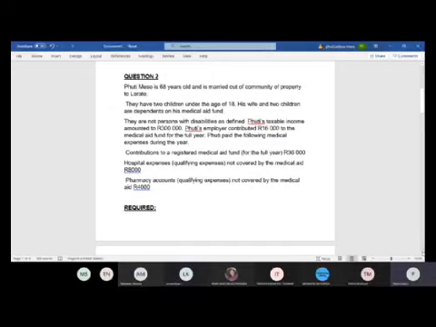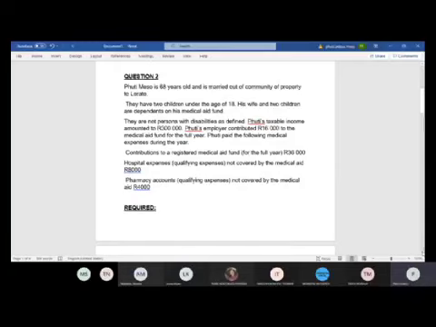Contributions to a registered medical aid fund. Usually the registered medical aid fund, we're talking about your Bestmed, your Bonitas, your Discoveries and so forth, your Fedhealth and so forth. Right, so the contributions to the registered medical aid for the full year is 36,000 rand, along with the hospital expenses, which is the qualified expenses not covered by the medical aid.